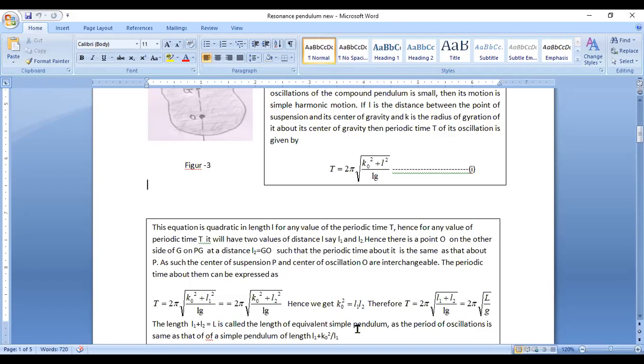Please remember, capital L is known as the length of the equivalent simple pendulum, as the period of oscillation is the same as that of a simple pendulum, right? So this is basically the expression of a simple pendulum, 2 pi root L upon G. And this is the concept which we will use in this experiment, right?